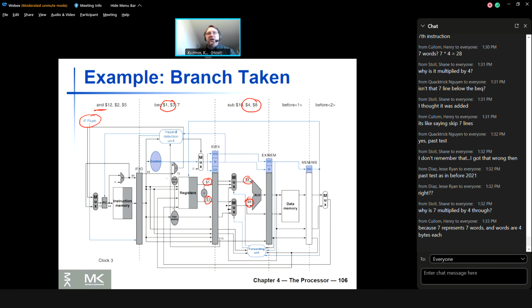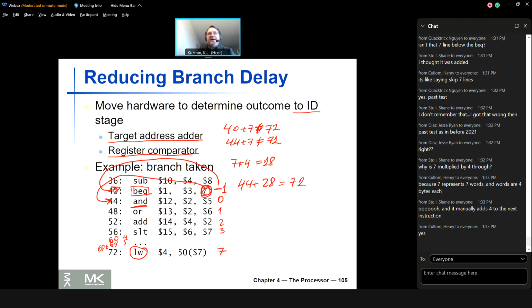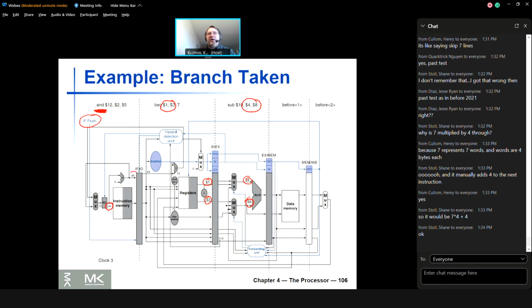Here PC currently has 44, because this is PC plus 4 for this instruction. Again, refer to this: the address of the AND is 44, so PC plus 4 would be 48. The previous value of PC was stored in the pipeline register, so it is 44. This is the PC plus 4 for the previous instruction, for BEQ.